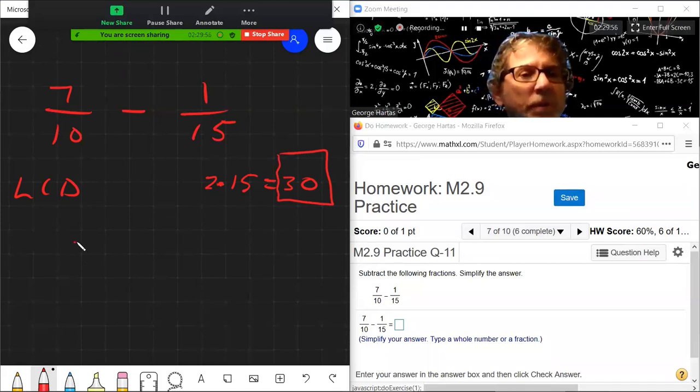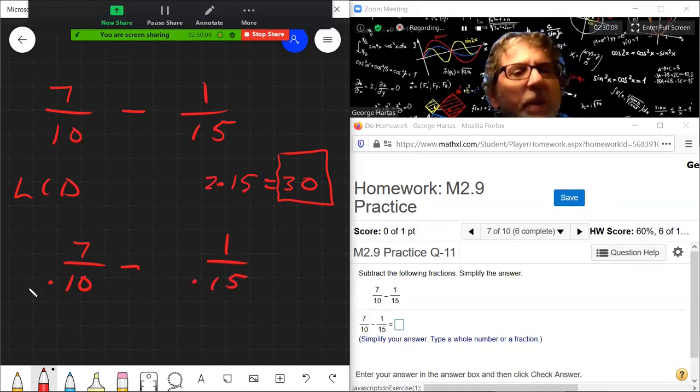Step 2. Put your little multiplication dot here, minus. Put your multiplication dot here. What number times 10 is 30? 3, which means this is 3.